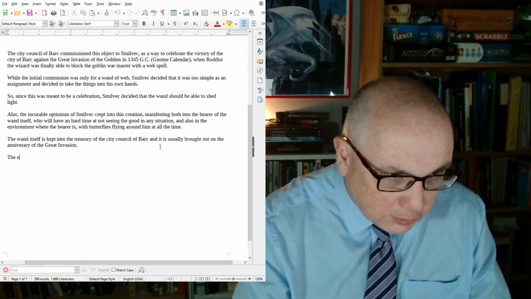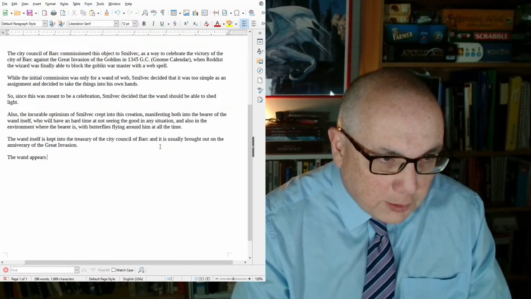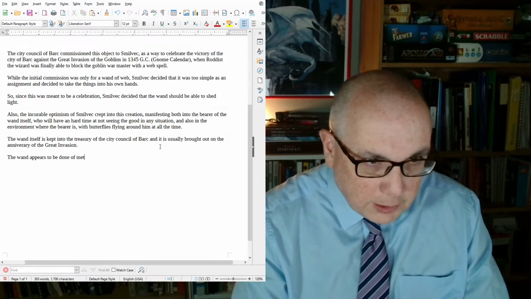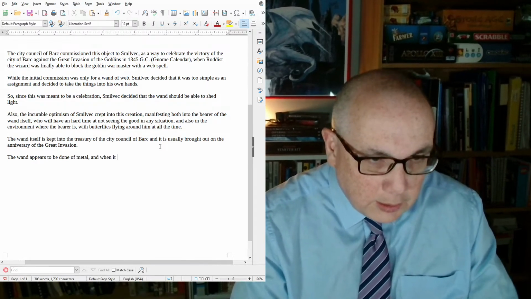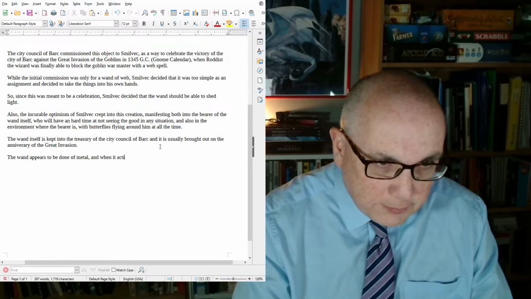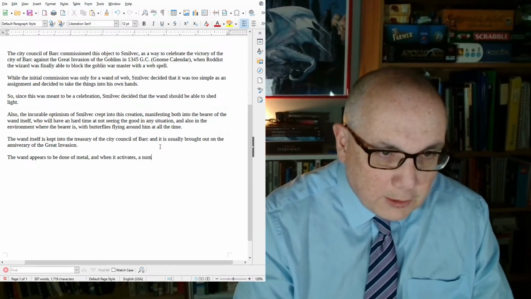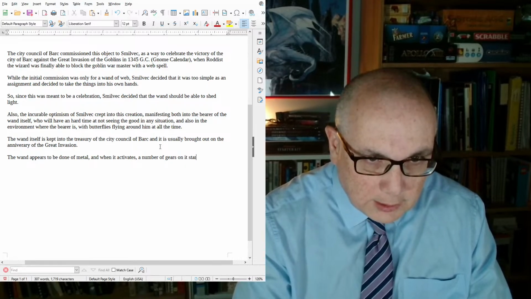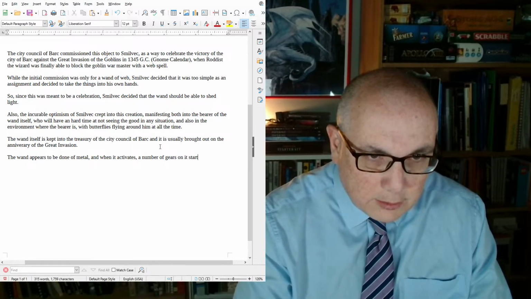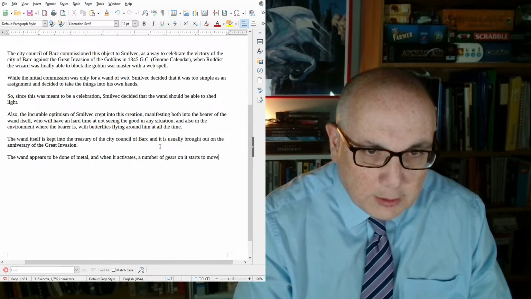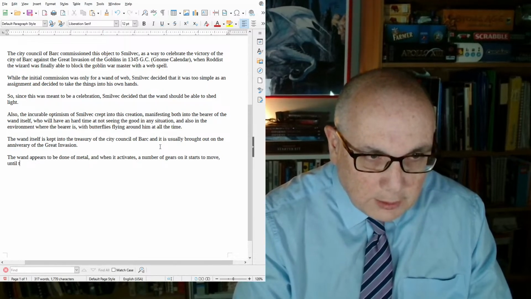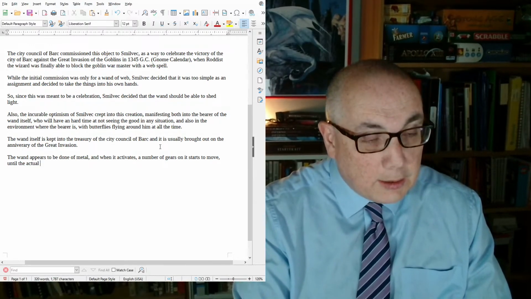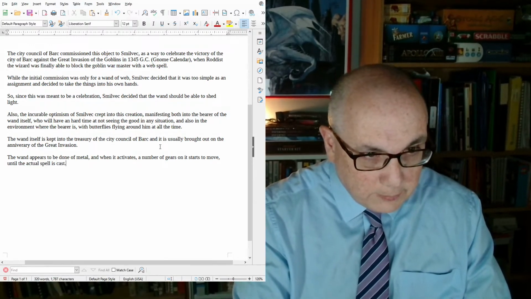The wand appears to be made of metal, and when it activates, a number of gears on its side start to move until the actual spell is cast.